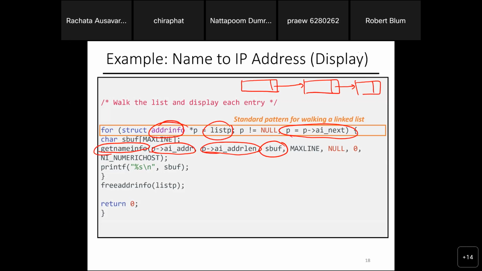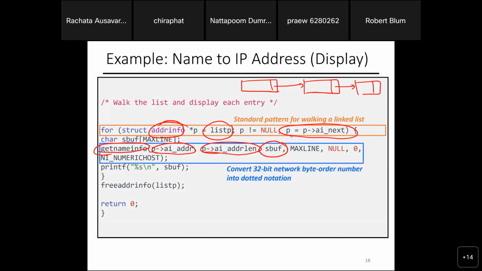The function freeaddrinfo will take the list of address info and free them all. Now, when you are printing this, you now get the dotted notation.